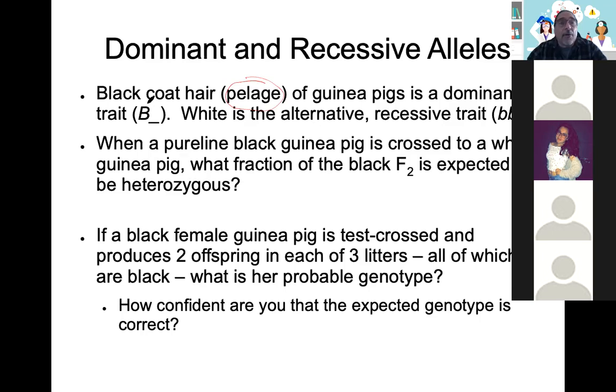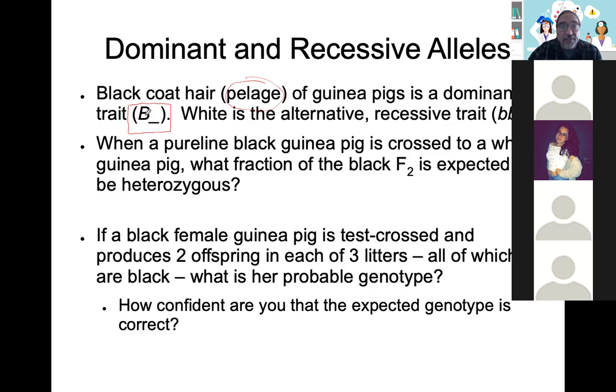An important part of genetic notation can be seen within these parentheses here. You could see this underline. What that underline means is we do not know what the second allele is.